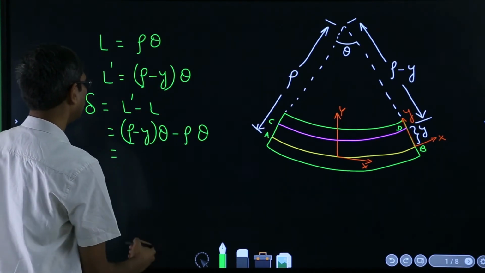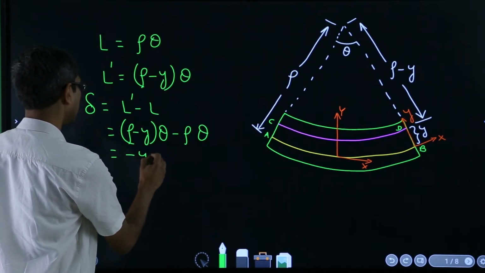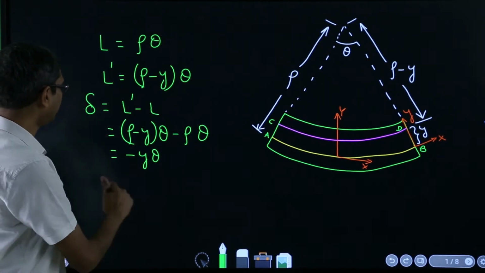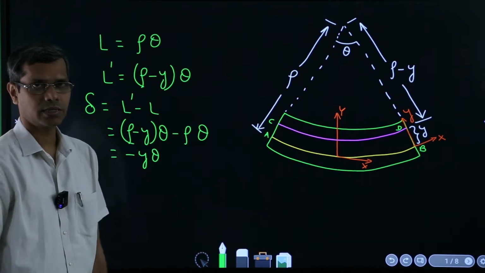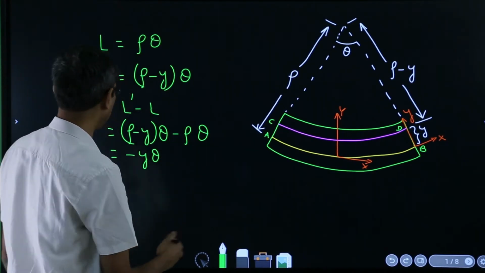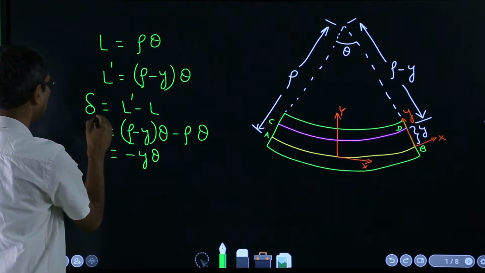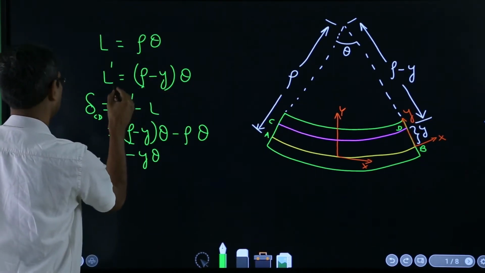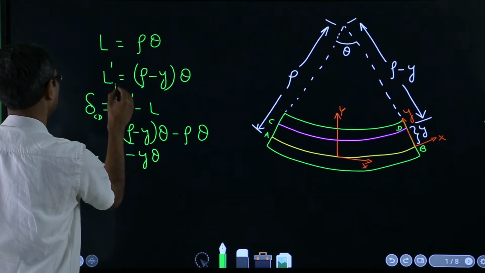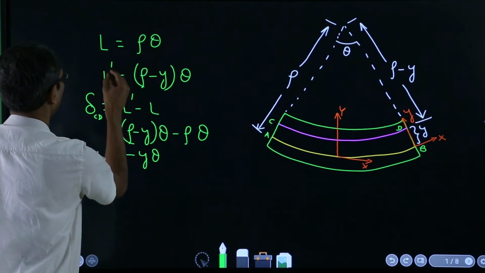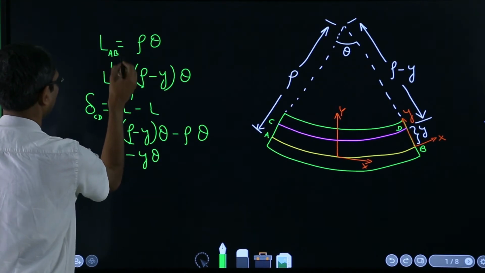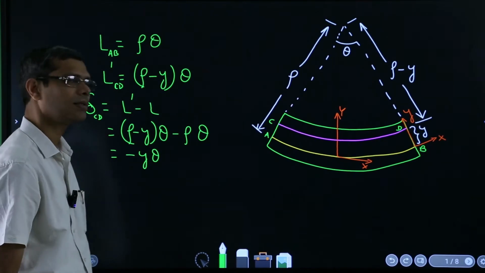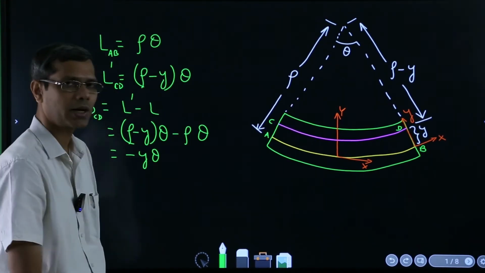Rho theta will cancel out, minus y theta, right? So that is the change in length of that particular fiber CD. So I'll say that delta of CD, L dash of CD, L is say AB, and LAB was the length of LCD prior to application of the moment.